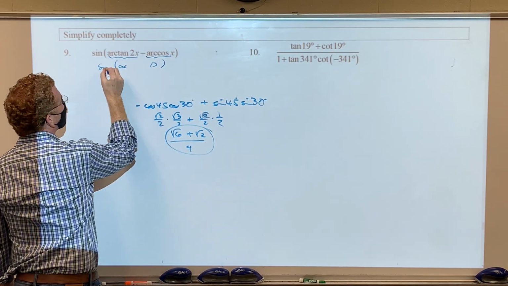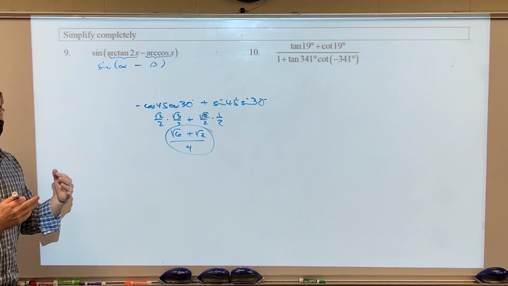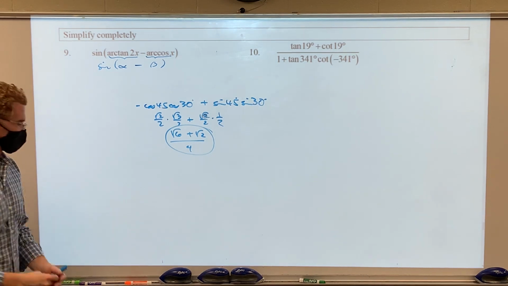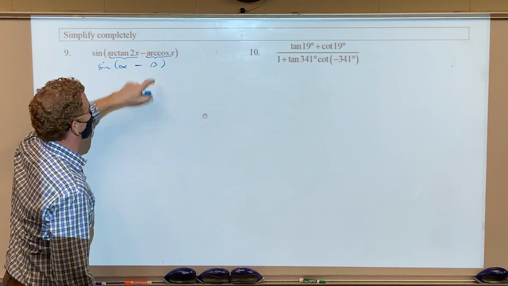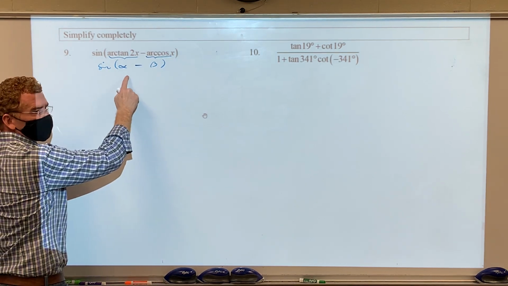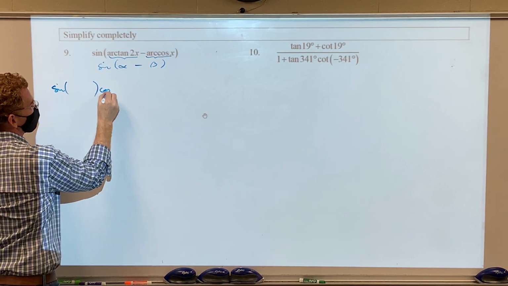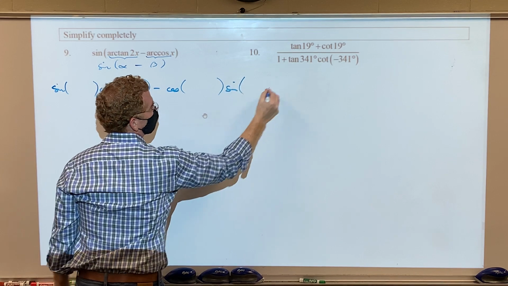So what do I really have here? I have a sine of alpha minus beta. Are y'all seeing that? Now check this out. If that really is an angle, and that's really an angle, then how do I do sine of an angle minus an angle? Sine of alpha, cosine of beta, minus cosine of alpha, sine of beta.